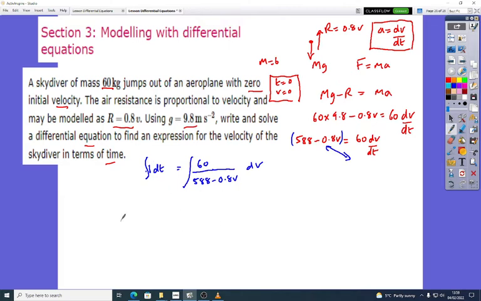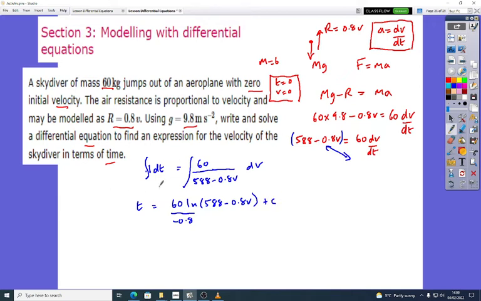So if I integrate this side, I'm just going to get t, and if I integrate this side, I'm going to get 60 ln of this bracket, 588 minus 0.8 v. Then I divide by the differential of this, which is minus 0.8. And don't forget to add the c.